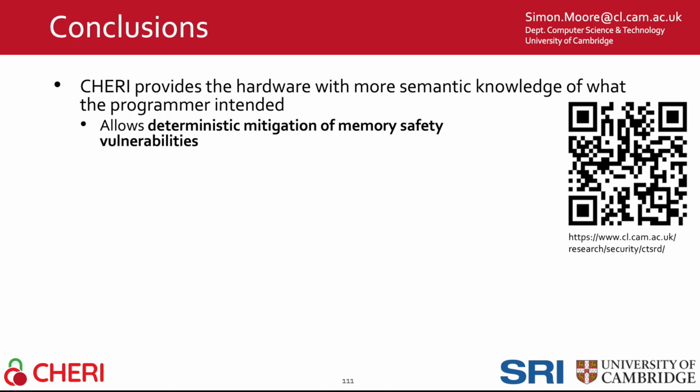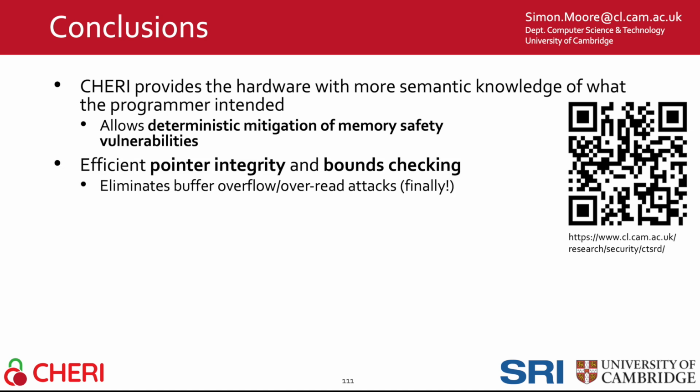CHERI provides hardware with new semantic knowledge of what the software intended. Today when we compile code for our current machines, memory references just turn into integers, and you don't distinguish between integers and pointers. And we resolve that problem. That fundamentally mitigates a lot of problems. So we get very efficient pointer integrity and bounds checking.